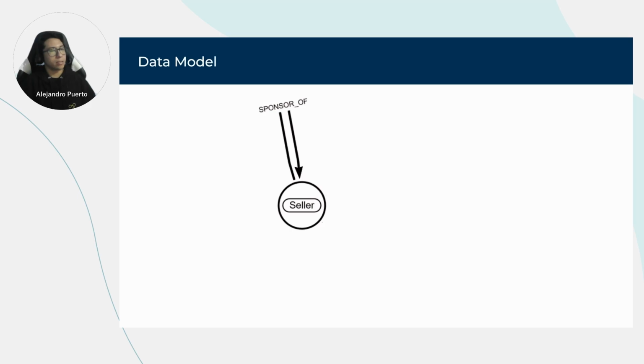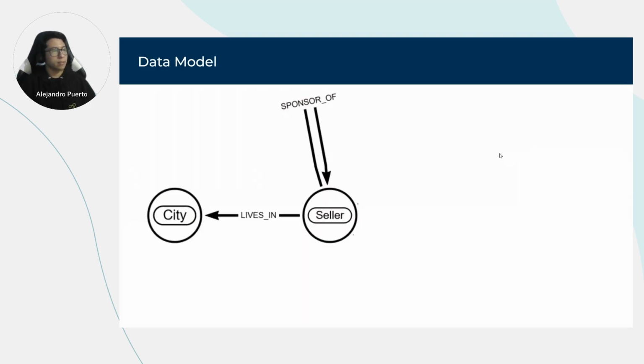As a marketing company, it is a network of people. So we have sellers, and some sellers are sponsors of other people. That is the first node and the first relation that we identify in this network. So a seller is a sponsor of another seller. Then we have sellers that live in some city, state or country.